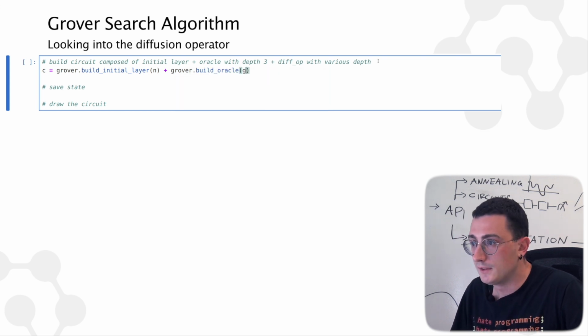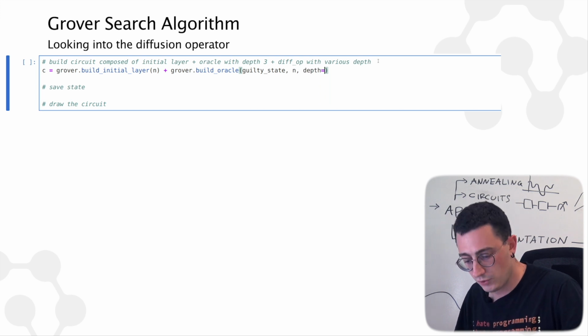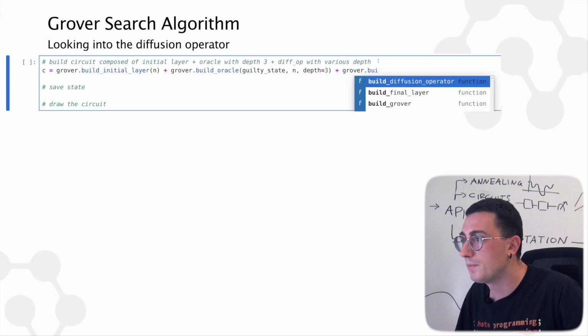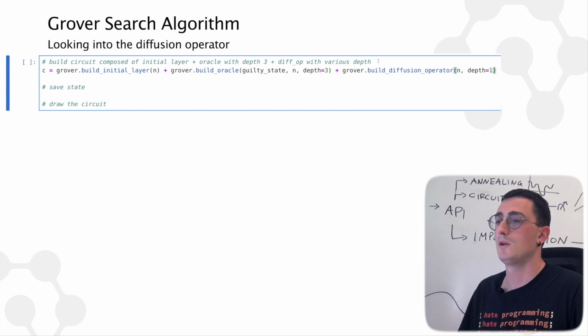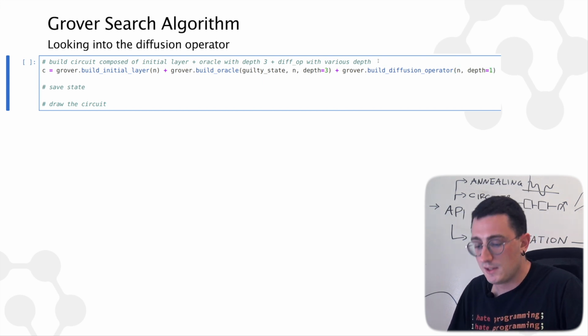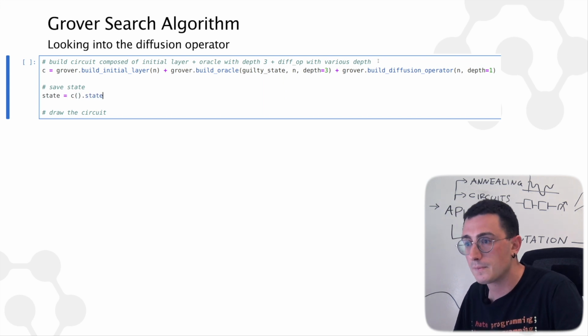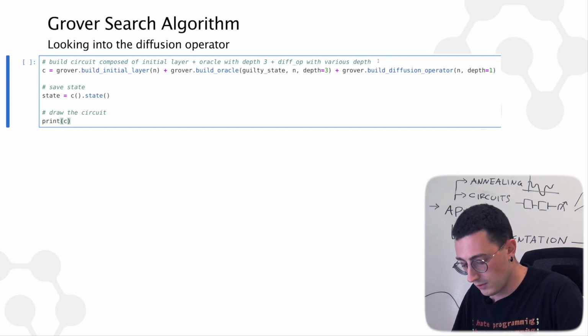We pass to the oracle the guilty state, the number of qubits of the input register, and depth equal to 3 because we want the whole oracle, plus Grover dot build diffusion operator n, and then depth equal to 1. We stop at 1. Then we save the state, so state equal to C executed dot state, and we print the circuit. Print C dot draw.